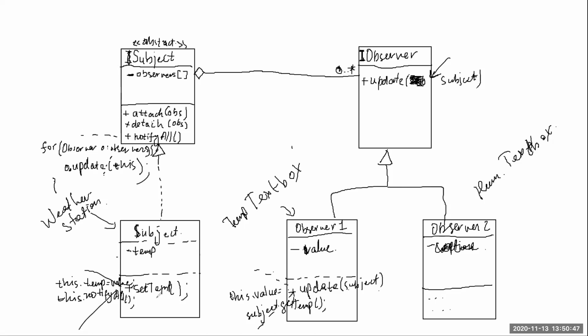Every time someone changes something inside the subject, these guys will be automatically notified about it, right? You agree with me? So you got the idea, right? How are you going to implement it?